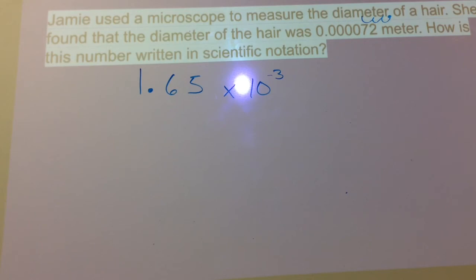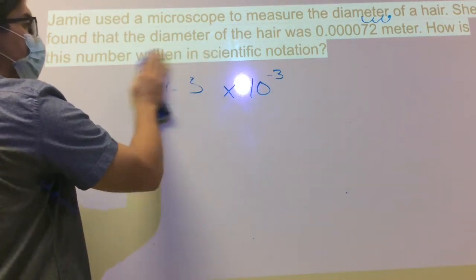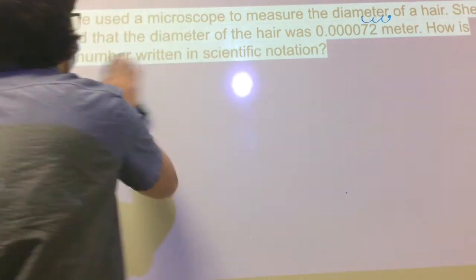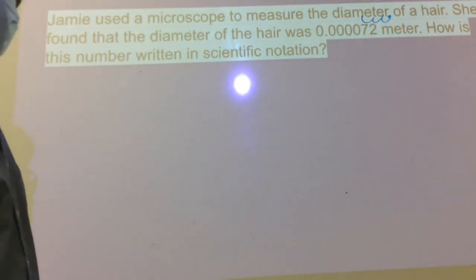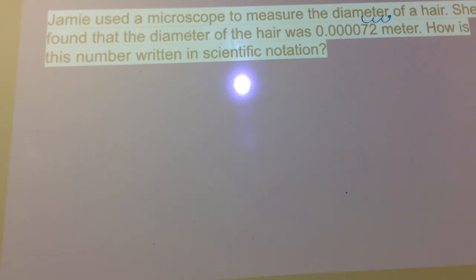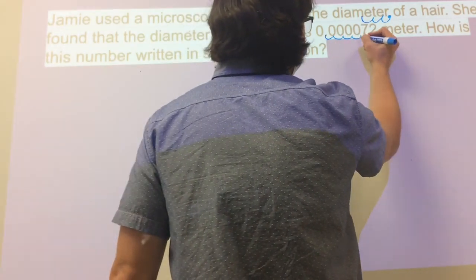Okay, another scientific notation. Jamie used a microscope to measure the diameter of a hair. She found that the diameter of the hair was 0.00072 meters. How is this number written in scientific notation? Well, I've got to move my decimal, right? Nathan, what am I going to move it in between? The 7 and the 2, so it's going to be 1, 2, 3, 4, 5.